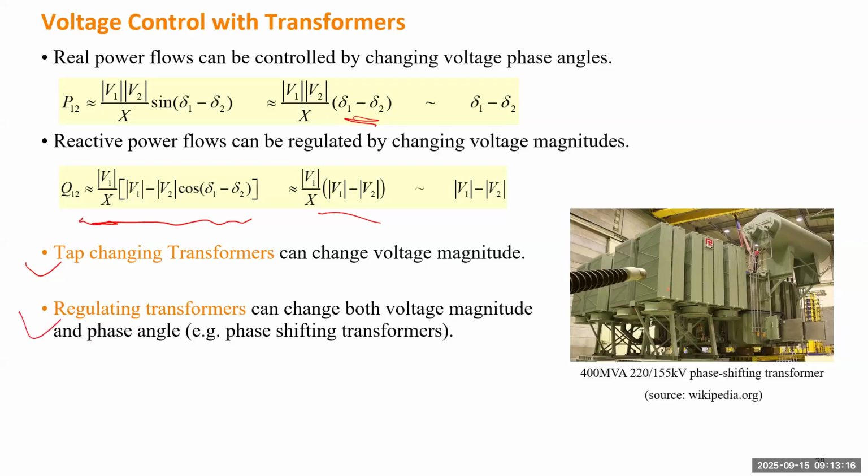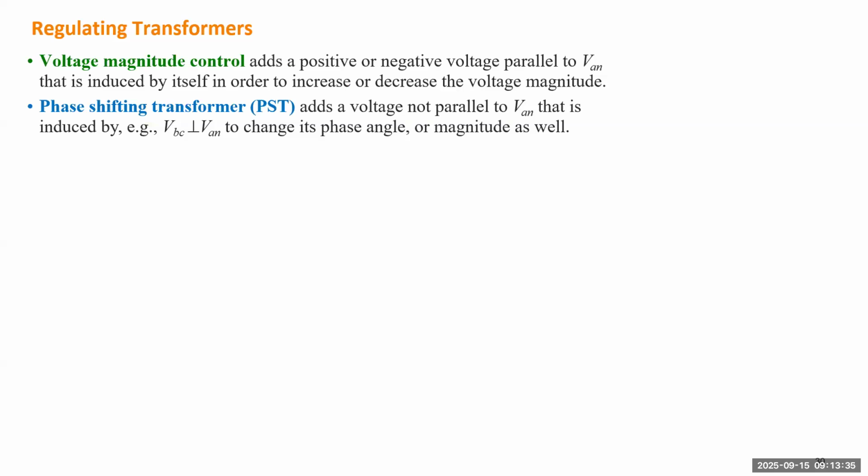This lecture, we are going to talk about regulating transformers. The regulating transformer can change the voltage magnitude and phase angle, so it can help control both active and reactive, real and reactive power flow. Okay, to control voltage magnitude, it can add a voltage proportional to the voltage of one phase, or between the line and the neutral point.